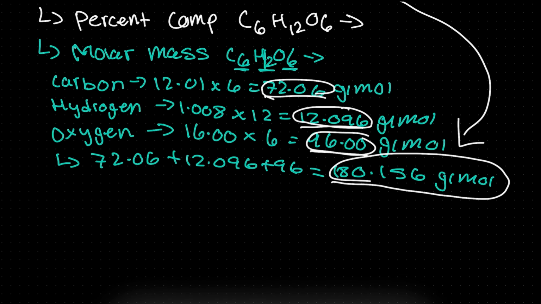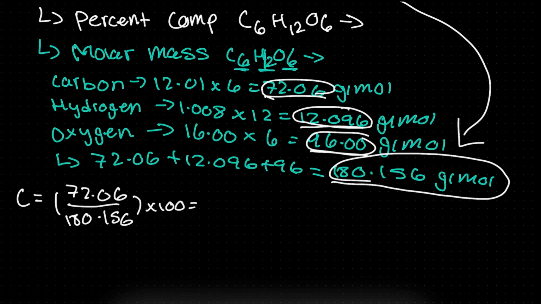So let's do it for carbon. Carbon is equal to 72.06 over 180.156, right? Times 100, which is equal to 40.00% carbon, right? Now, after carbon, what do we do? Hydrogen.